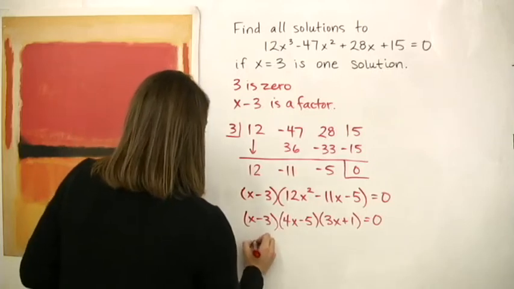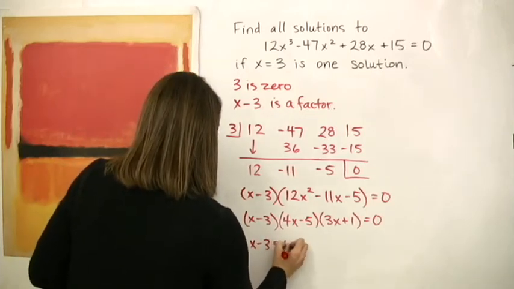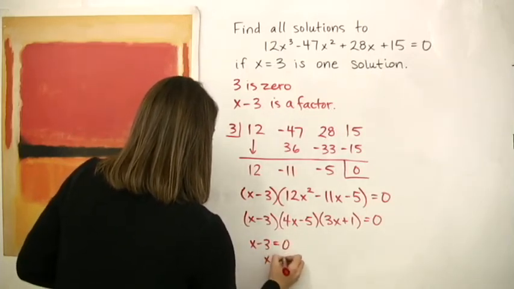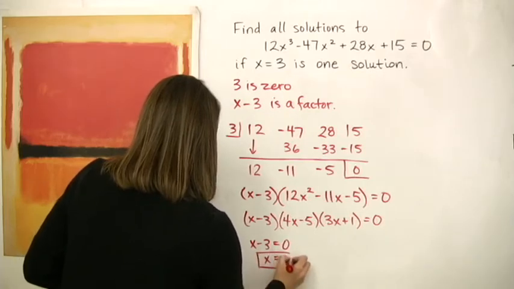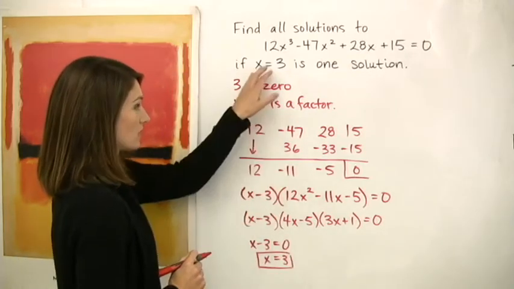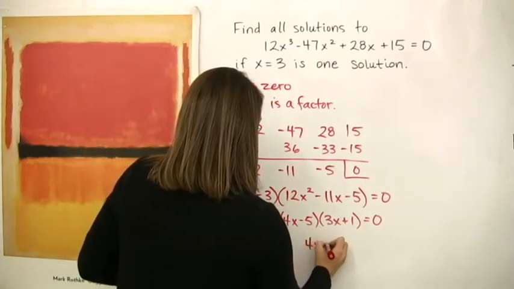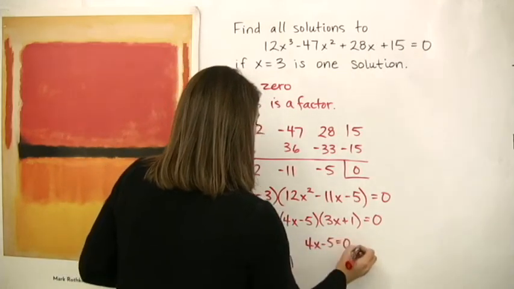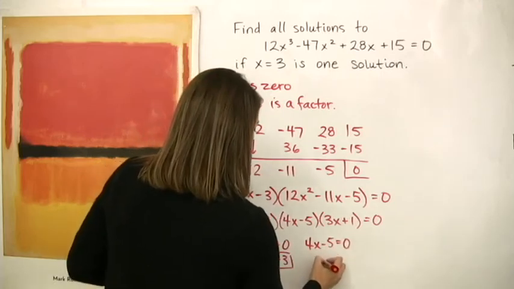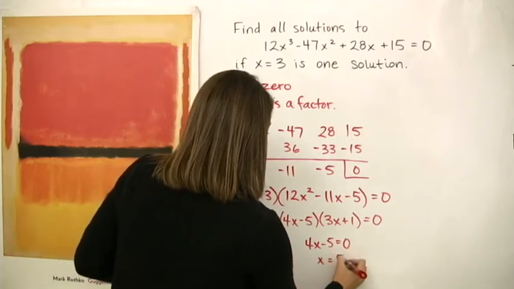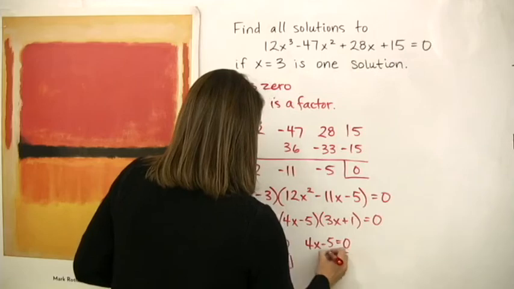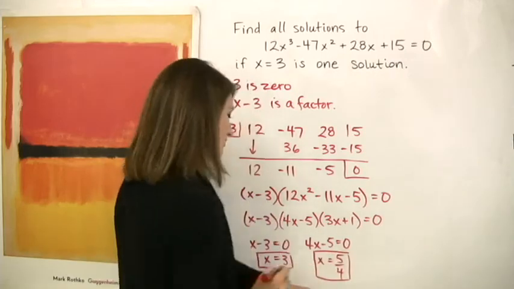So we know x minus 3 equals 0. That gives our solution that was given in the original problem of x equals 3 here. Let's set 4x minus 5 equal to 0, and you solve for x, and you get 5 over 4 as our second solution.